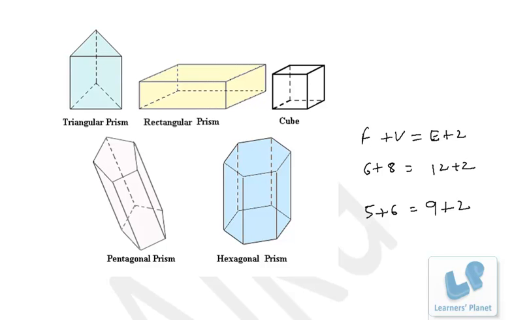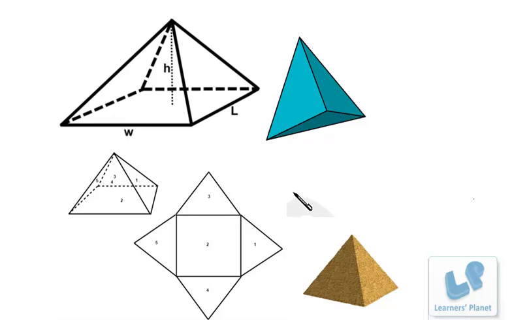Okay. Now friends, let's discuss each and every shape one by one. Here first of all I am taking a pyramid. So this is the base of the pyramid, right? Now this base may be square, base may be rectangular, right? So what will be the area of the base?